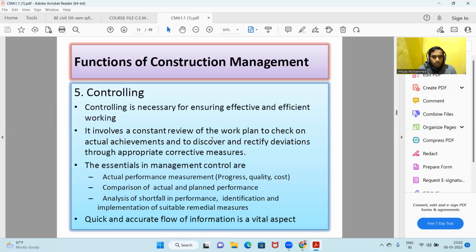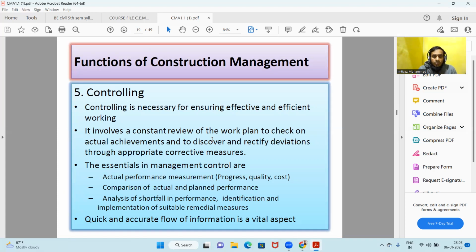Okay, the essentials in management control are three in number. We should be able to first perform measurement of the actual work which has been done in terms of progress, quality, and cost. Then we should be able to compare the actual performance on the site and the planned performance which we had already done.